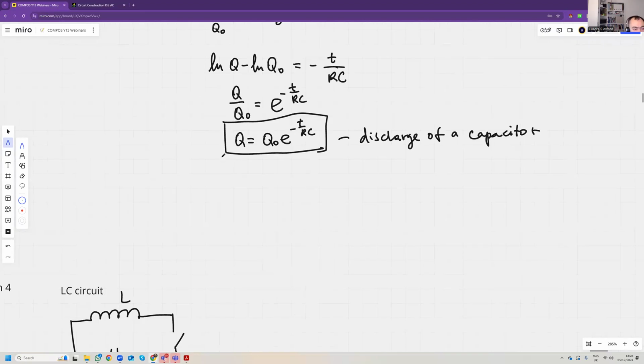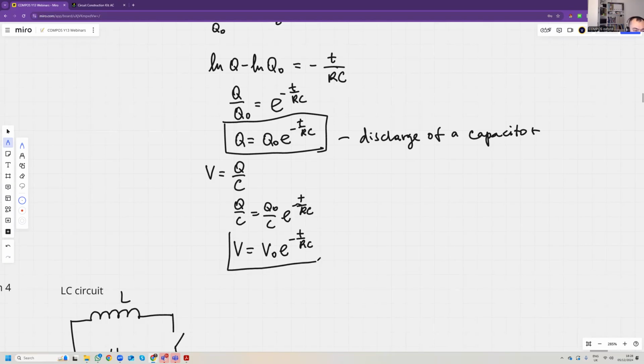Now, if I remember that voltage on the capacitor is Q over C, and I divide both sides by C, I get Q over C equals Q0 over C times e to the minus t over RC. But this is simply voltage. So the final voltage is the initial voltage times e to the minus t over RC. That's the voltage on the capacitor.